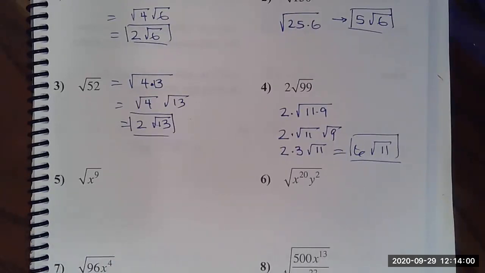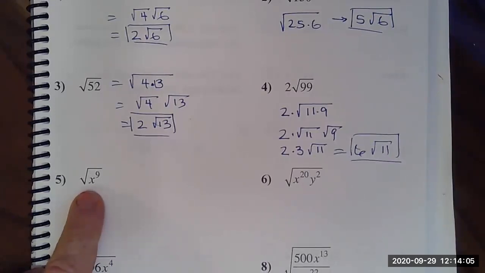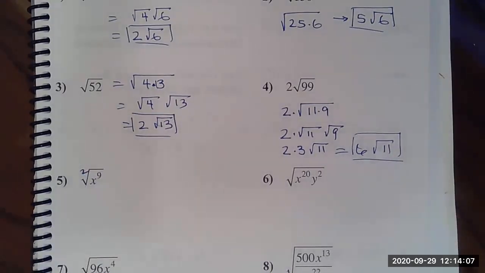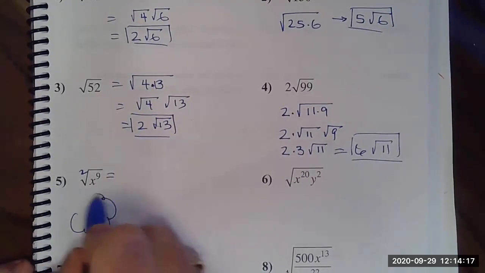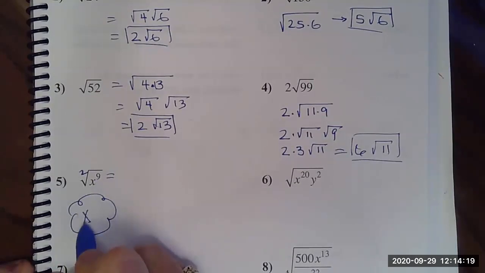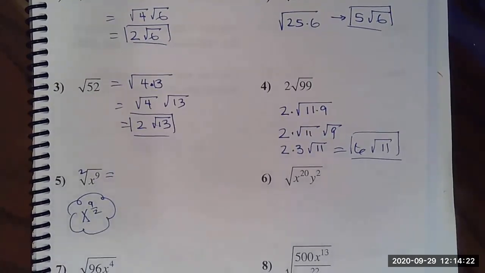Okay, now it comes the variables. Remember that little trick I had before? Shortcut, if you want to call it. You take the index and divide it into the power, or take the power divided by the index. If you think of it this way, you go x to the 9 over 2, and 9 over 2, what's the whole part? 4, it's 4.5.